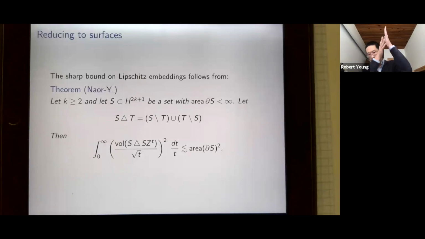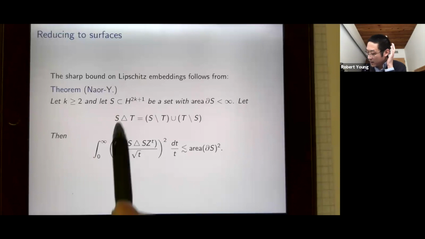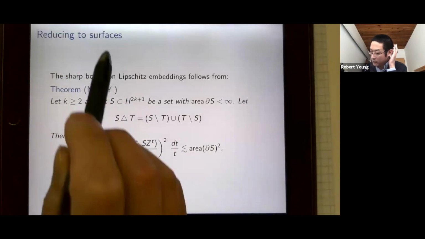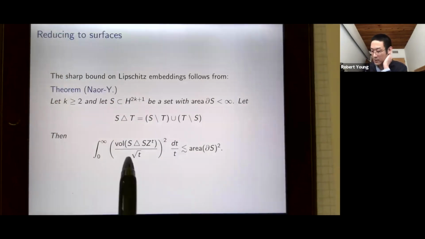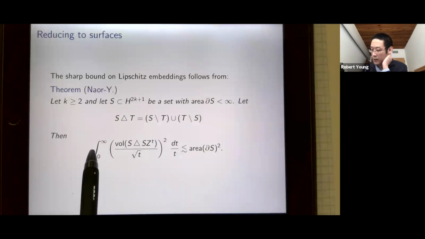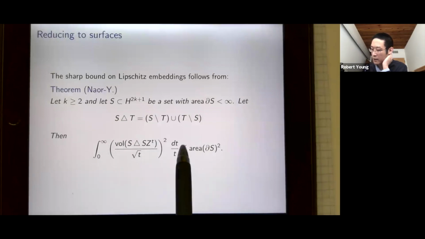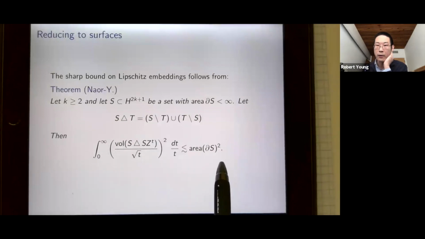If you translate, then the bump moves up and down, the set changes. If you start making your set bumpy instead of vertical, this left side increases, but the inequality says that the right side has to also increase. So this inequality tells you that if you start making a set bumpy, then the area has to increase.